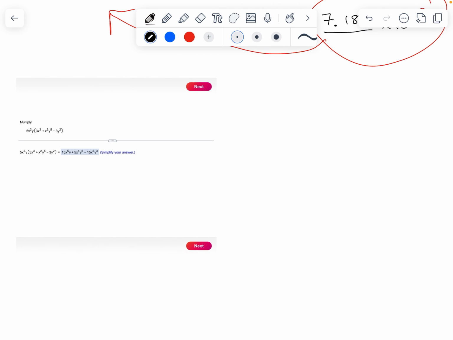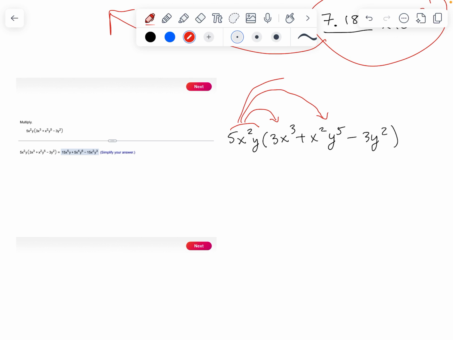Next, we have to multiply 5x squared y times 3x to the third plus x squared y to the fifth minus 3y squared. All you have to do is take this expression, multiply it by the first term, plus that expression multiplied by the second, and then multiply by the third.